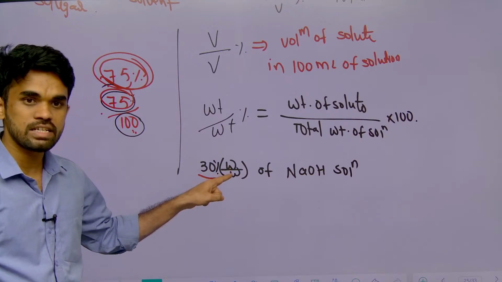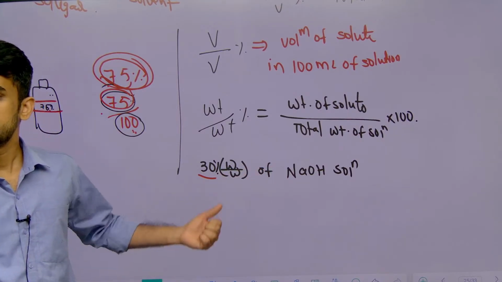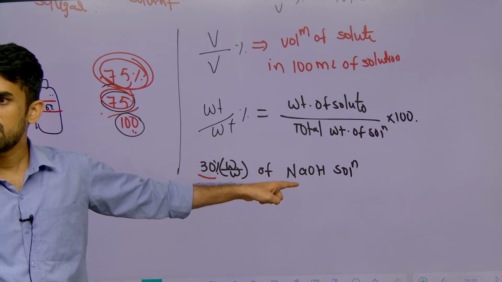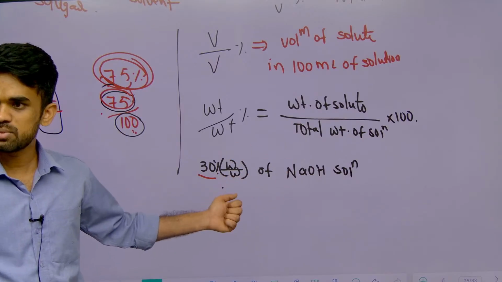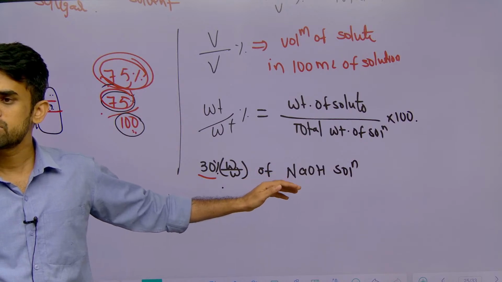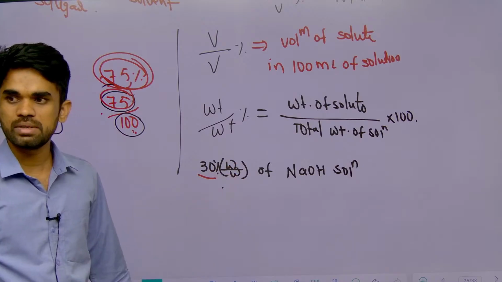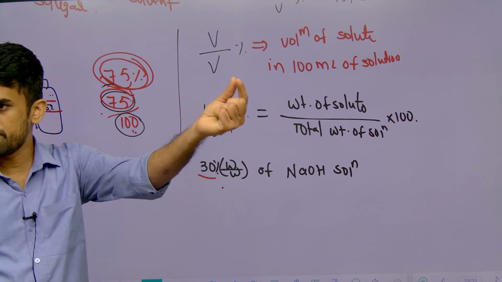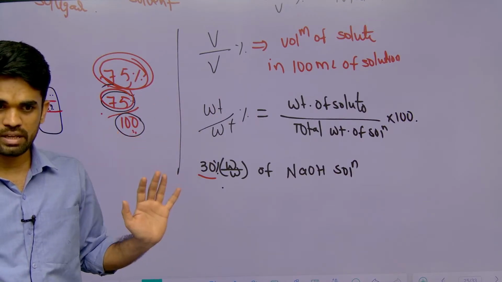Which percentage is it? Weight by weight of NaOH. The meaning is that 30 grams of NaOH is present in 100 grams of solution. Once again, 30 grams of NaOH present in 100 grams of solution. Whereas if it were volume by volume, it would be 30 ml of that component present in 100 ml of the solution. Understood the definition lines?